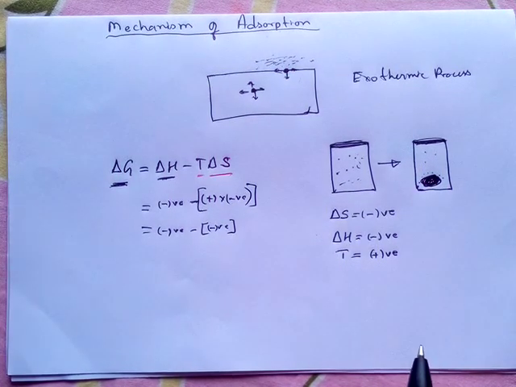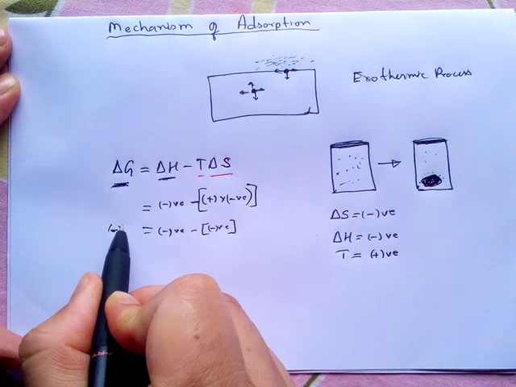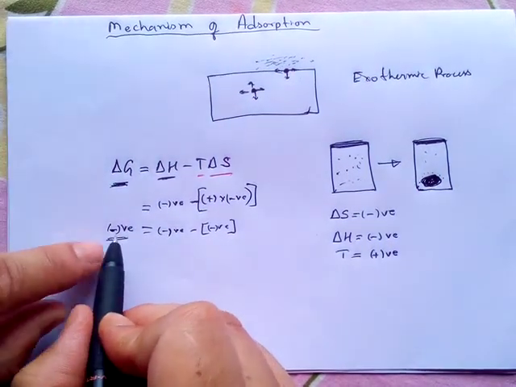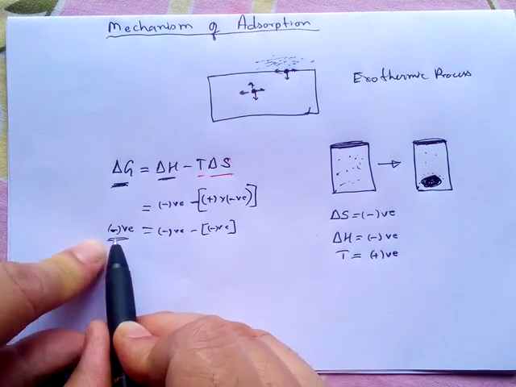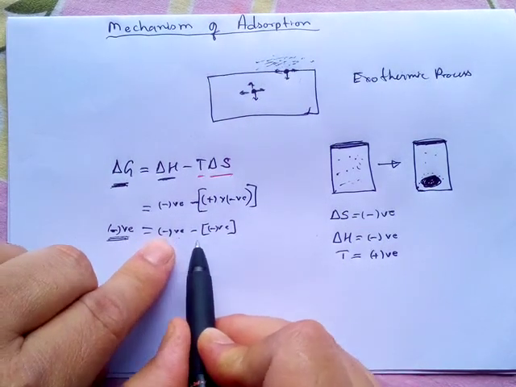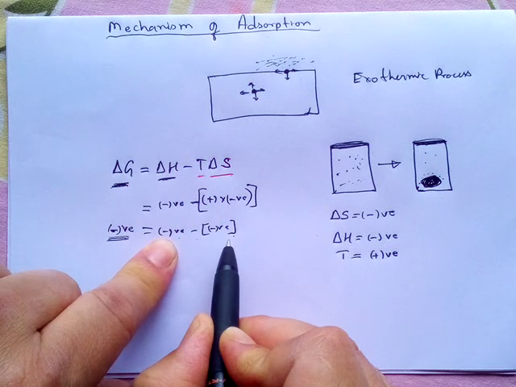Now for a spontaneous process, you must remember that delta G must be negative. So it's defined, since it is an exothermic process, delta G must be negative. Now to just compare, to have a negative value on the left hand side, here is a negative minus negative, that means what should be there?